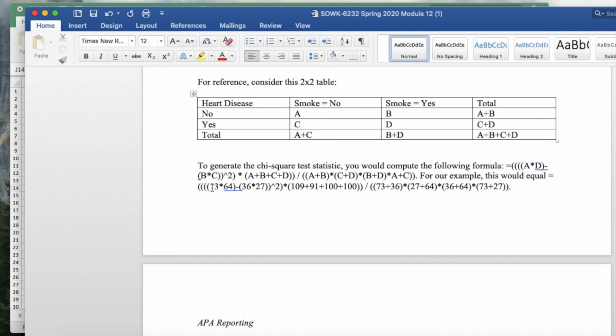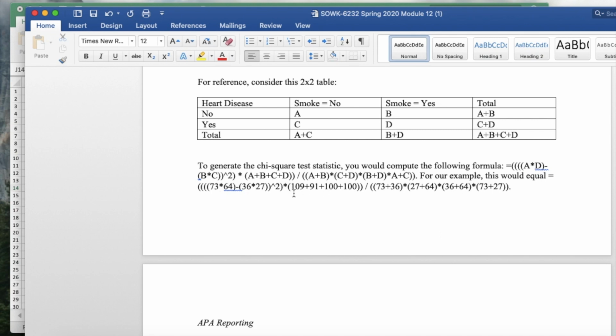because in our example, we do have specific counts. But if you go out and do this on your own with your own data at some point later on in your careers, this formula here with the letters is much more informative than the actual numbers in our example here.